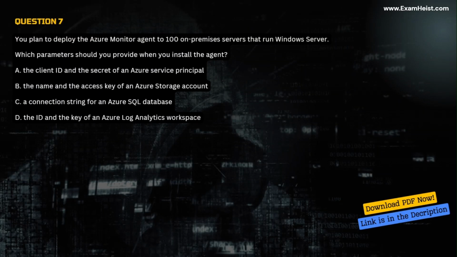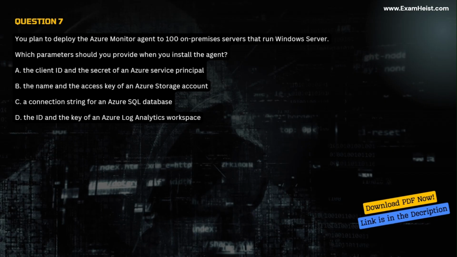Question 7. You plan to deploy the Azure Monitor Agent to 100 on-premises servers that run Windows Server. Which parameters should you provide when you install the agent? A. The client ID and the secret of an Azure Service Principal. B. The name and the access key of an Azure storage account.